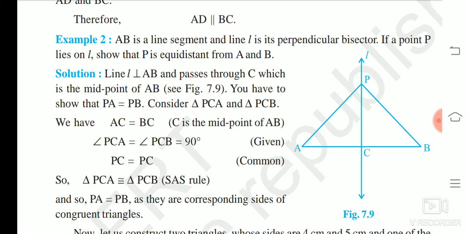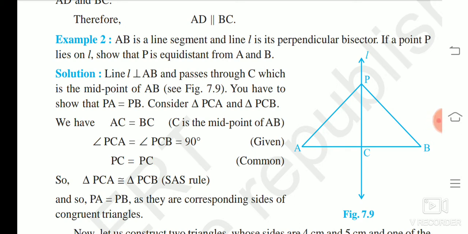So like that, compare. What triangles? PCA and PCB, like that, right? Consider the triangles PCA and PCB. Here AC equal to BC. Why? C is the midpoint, given, so the lengths of AC and BC are equal.